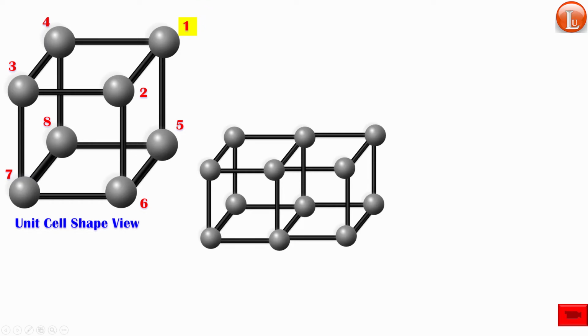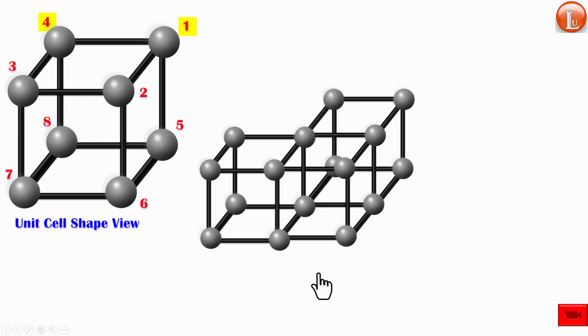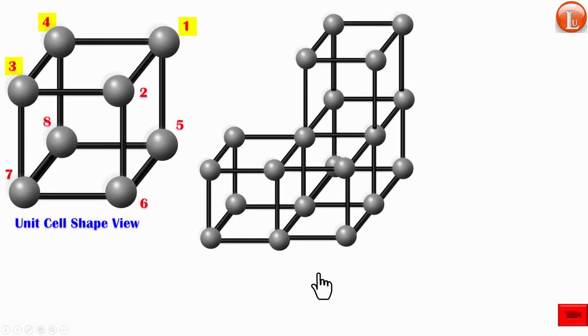So in the next unit cell, what is the position of this atom with regard to these numbers? Obviously it is position 4. What about this one? Obviously position 3. The next? No, it's not 2 because I'm going to put this as the next. It is 7. Well, this is the one you were hoping for.